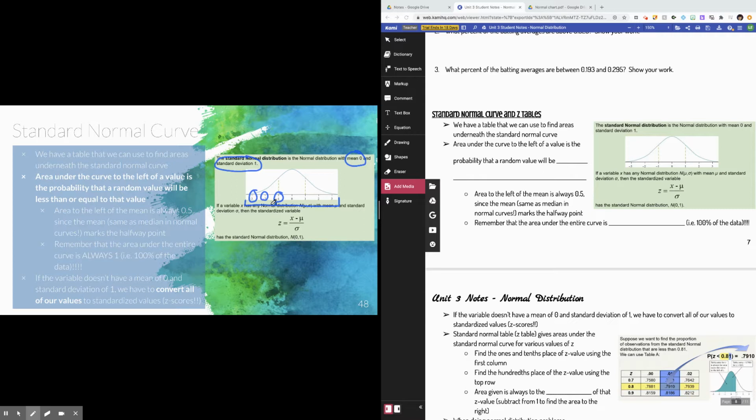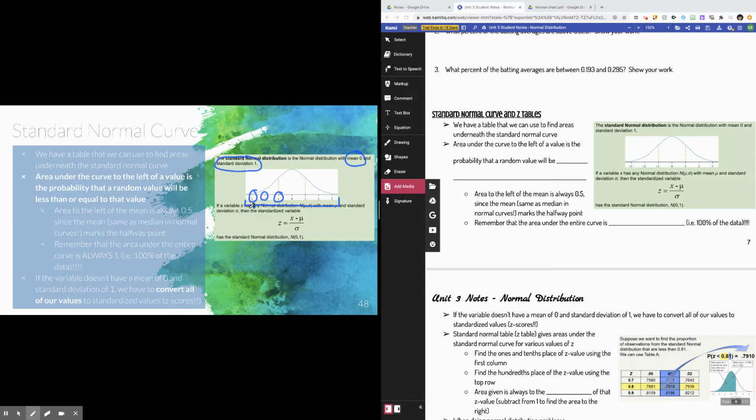And once we do that, then we have tools that we can use, like the z-table, and there's a function on your calculator that will help you calculate the probability of getting a value less than a certain cutoff point, greater than a certain cutoff point, or between two values. So we have a table that we can use, as well as a calculator function.